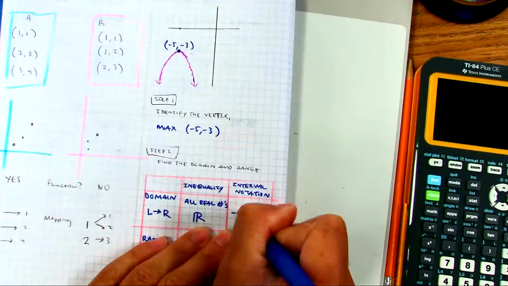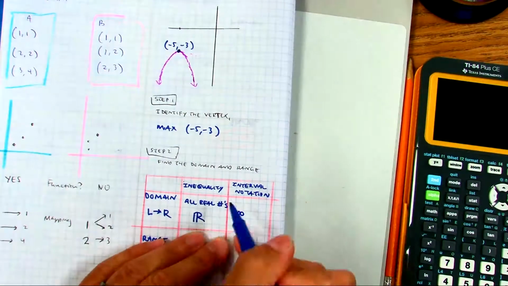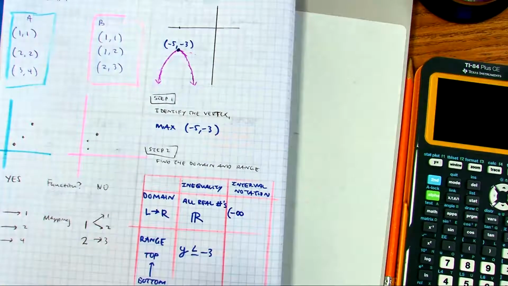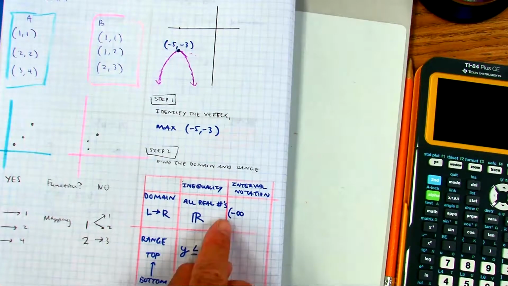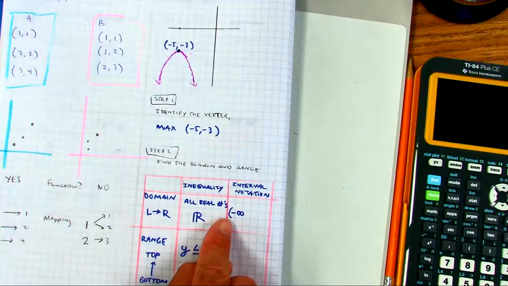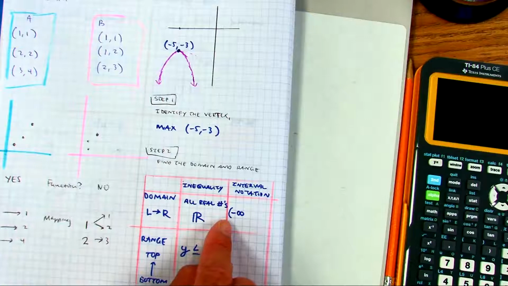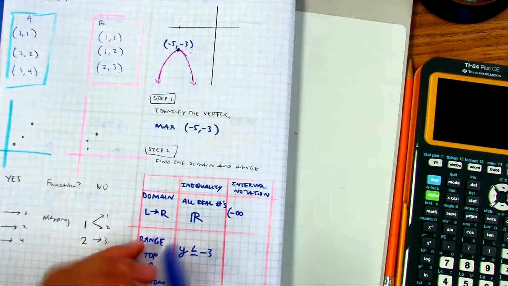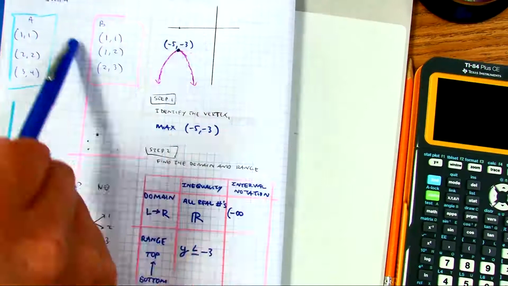For negative infinity, we do a parentheses. Everyone say parentheses? Parentheses means do not include. You might be asking, why is it a parentheses and not a bracket? A bracket would basically mean that you include one number. If I said pick one number in negative infinity, is there only one number over here? No, there's lots of numbers.